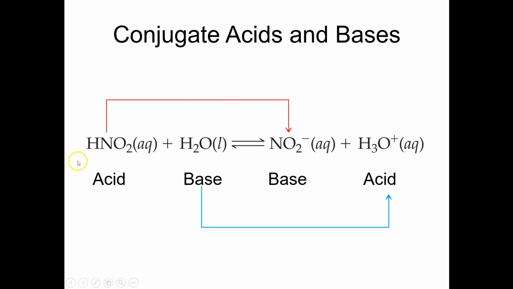The key thing to understand is that one member of each pair is always going to be on either side of the arrow: nitrous acid, nitrite, water, hydronium. It's never the case that the two on the reactant side are going to be a conjugate pair, or the two on the product side. The pair is always going to take one partner from one side of the reaction and one partner from the other side of the reaction.